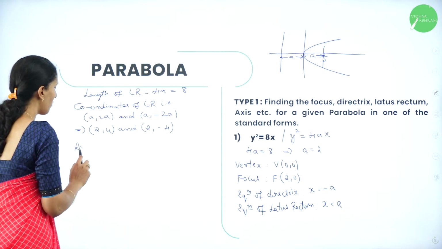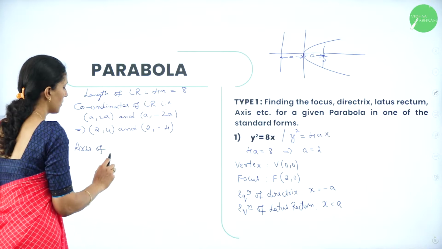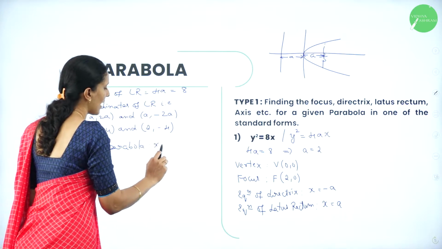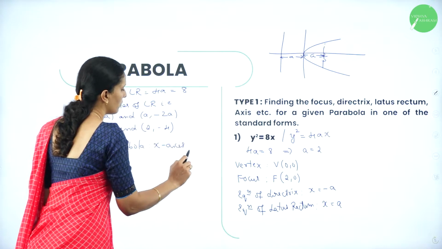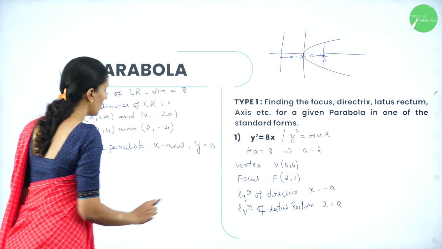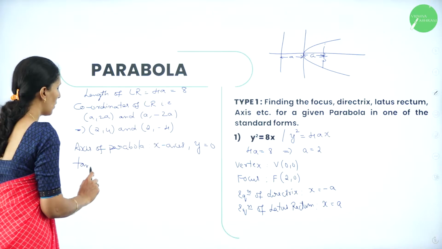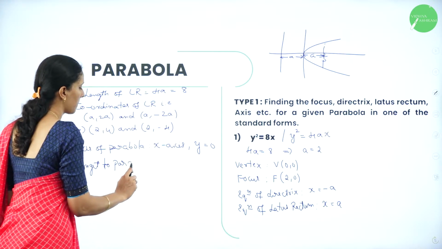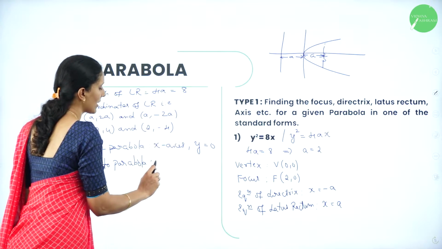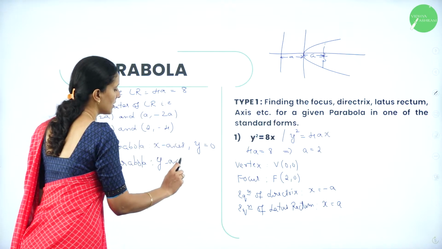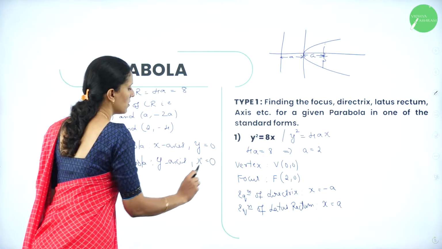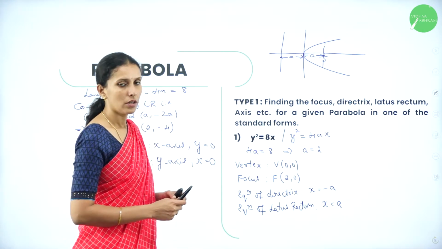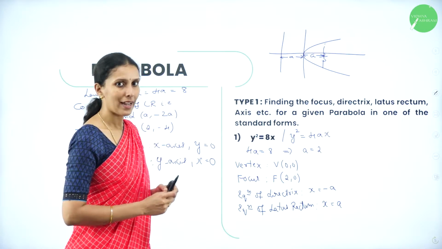Next, axis of parabola. The axis of parabola is the x-axis, whose equation is y is equal to 0, and the tangent to parabola is the y-axis, whose equation is x is equal to 0. So these are the characteristics of the given equation y square is equal to 8x.